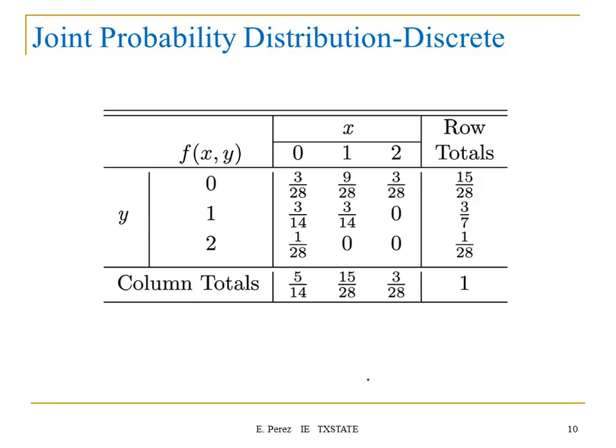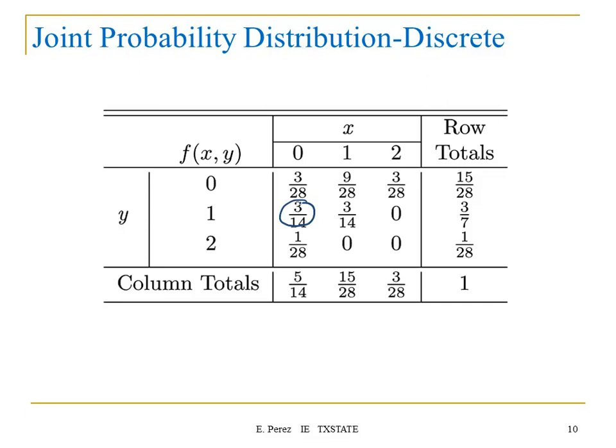We have f of x, y, with the outcomes for x: 0, 1, and 2, the outcomes for y: 0, 1, and 2, and the probability that we just found is for this case, f of 0 and 1.